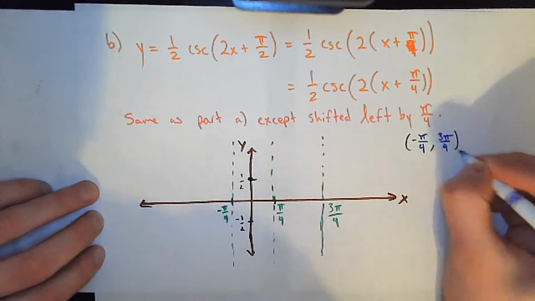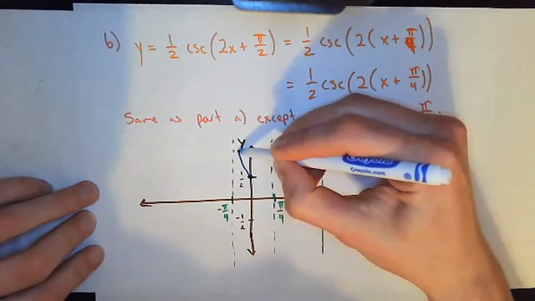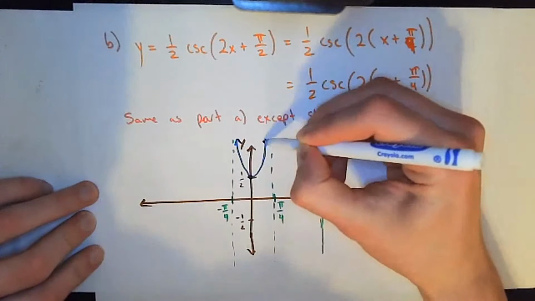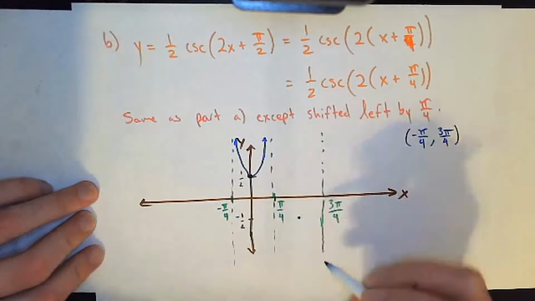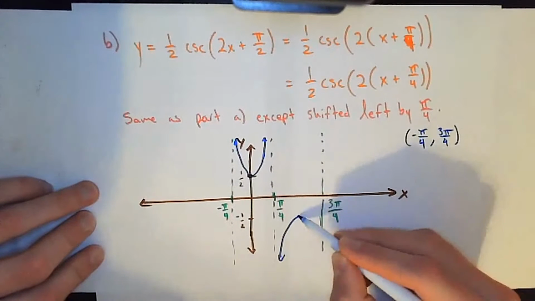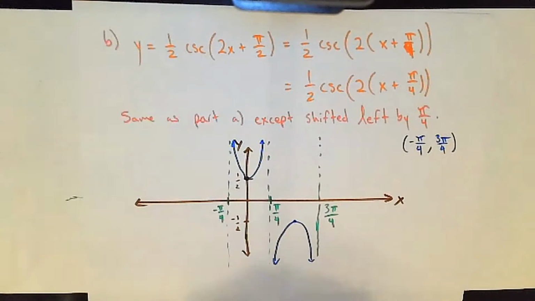You see that here. Negative pi on 4 to 3 pi on 4. Okay. There we go. And then this one in the other section here, the other interval, there it is. All right.